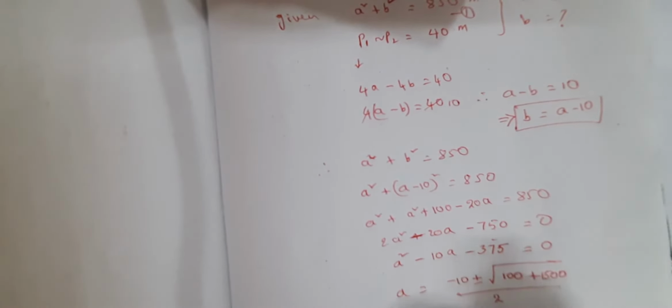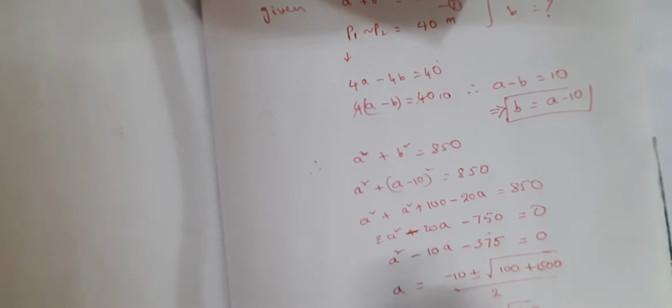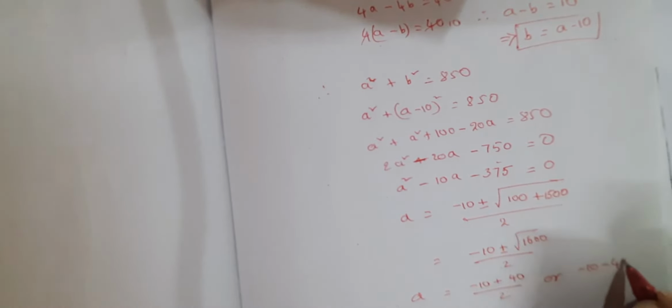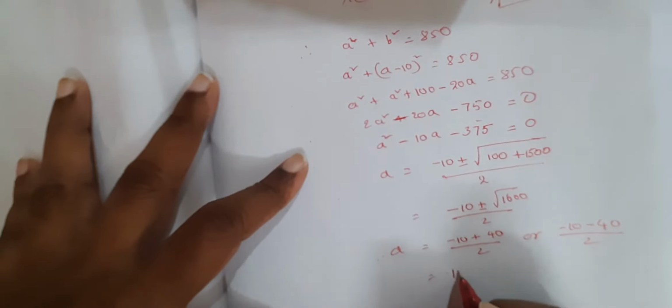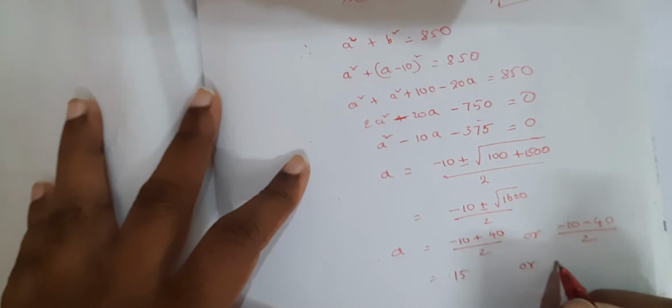So that is 10 plus or minus root 1600 by 2. So A is equal to 10 plus root 1600, which is 40, by 2, or 10 minus 40 by 2. So 10 plus 40 is 50 by 2, which is 25, or the other root is minus 30 by 2.